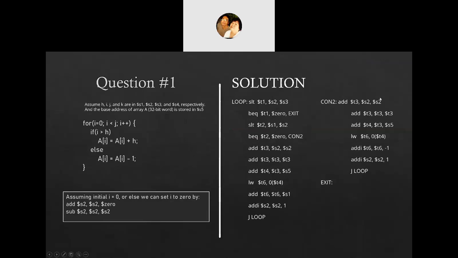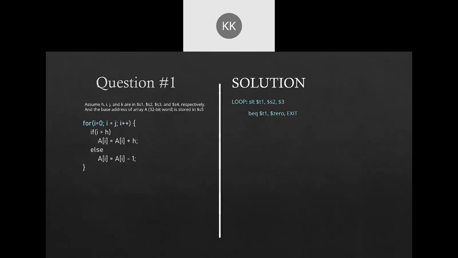Okay, for the first question, in my solution, assuming that the initial I is 0, or else we can add it by adding the following line above the loop. Firstly, we set up the for part by adding a condition where if I is less than j, we will set it to 1, or else we will exit the loop.